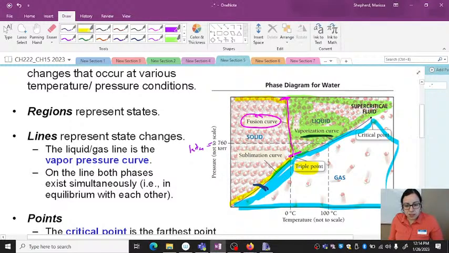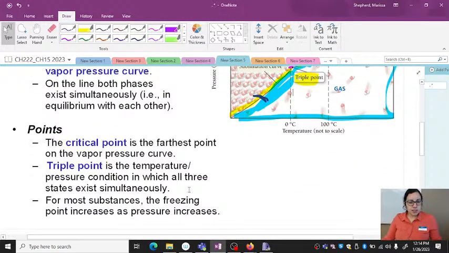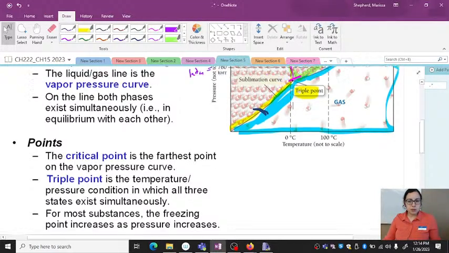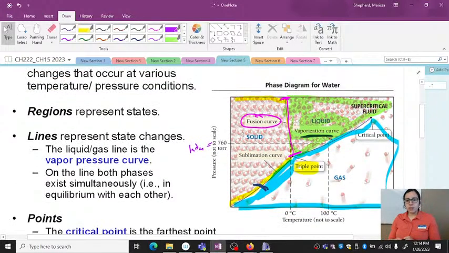Notice you have solid, liquid, and gas all meeting at that triple point. So the triple point is the temperature and pressure condition in which all three states exist simultaneously.